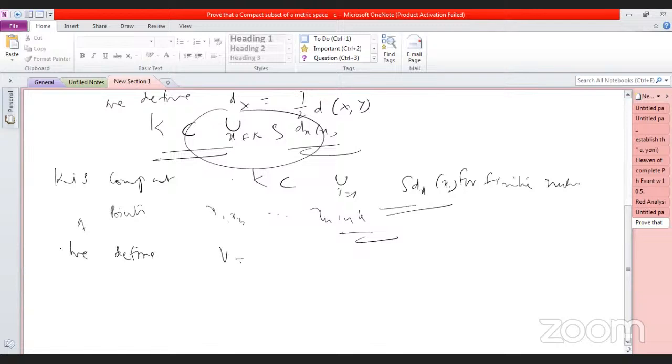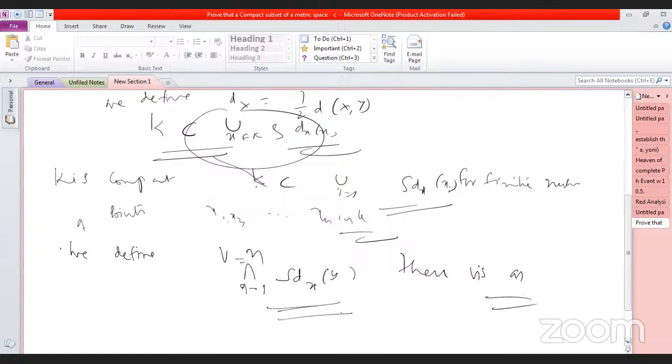V is equal to the intersection, i equals 1 to n, of S_dxi of y. Then V is an open sphere or closed sphere?